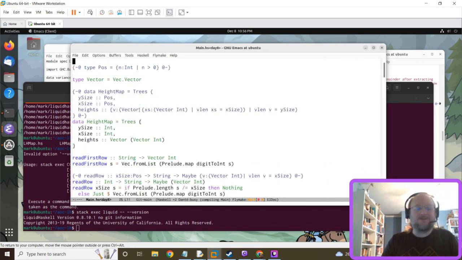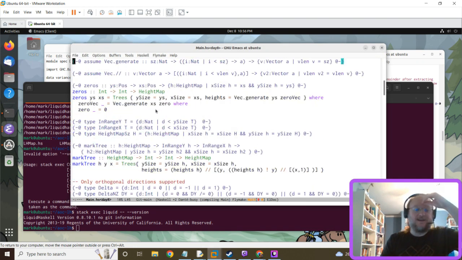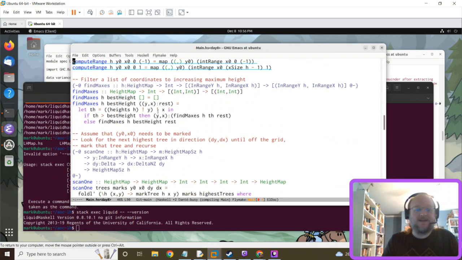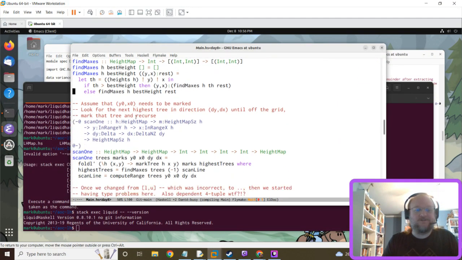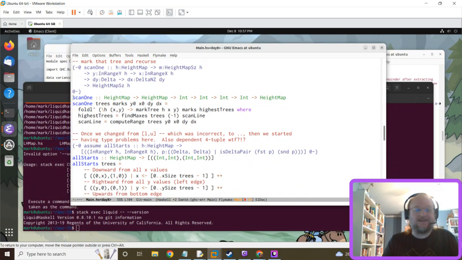I was having problems with the termination checker, and that was a clue to how to simplify it. This function was grody and had an inner recursive helper, and now it's just a composition of other operations.